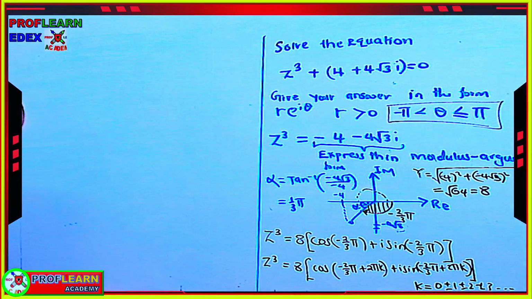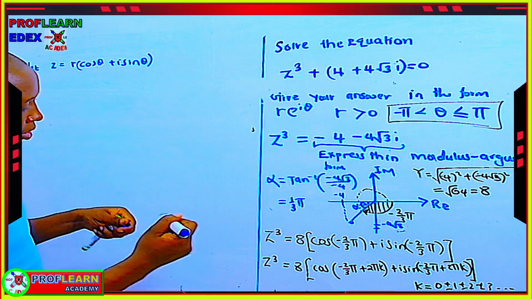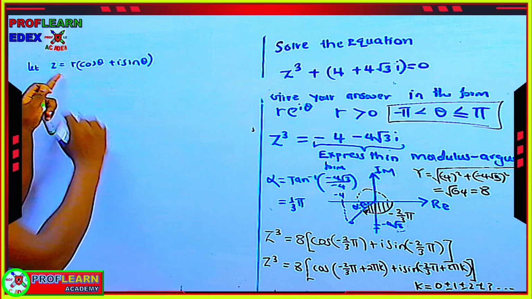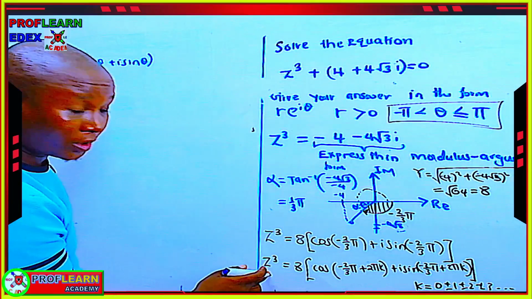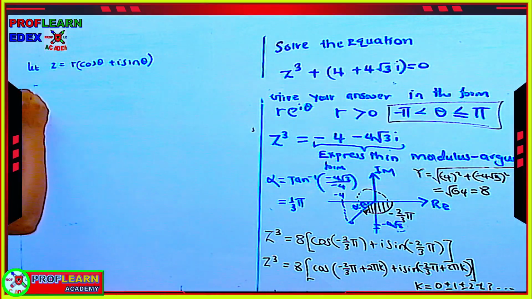But we can now say, once we have reached that particular point, that anywhere we are going to have z, we are going to replace this part in this section here. So which means this z is going to be written as what?